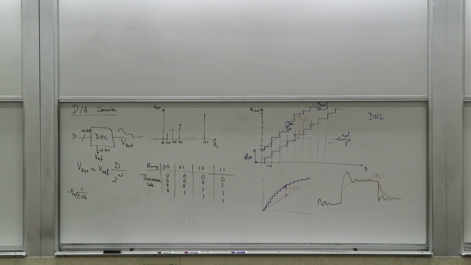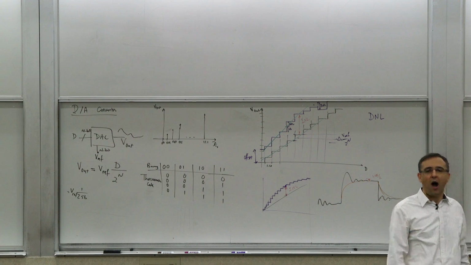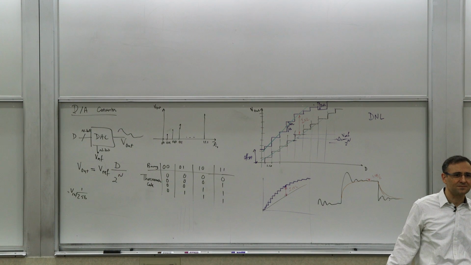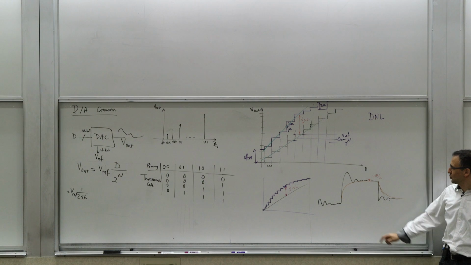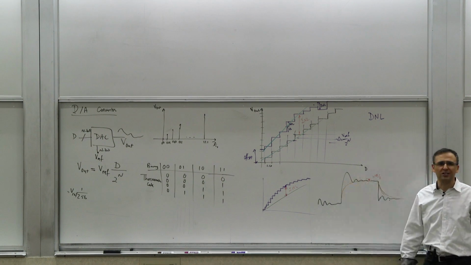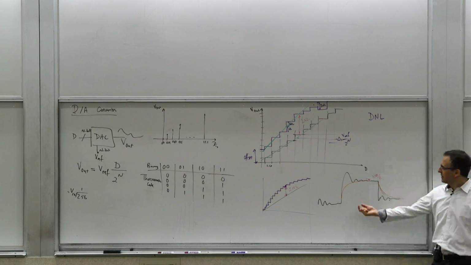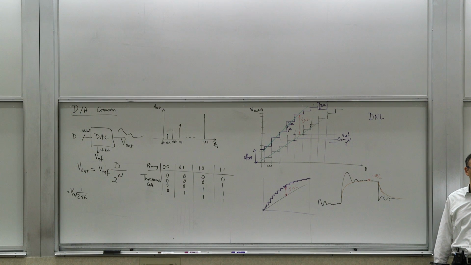And the settling time to LSB over 2 really determines what your real speed is, because you may say, I've made this great 16-bit D2A, and it's really fast because rise time is really fast, right? And you can say, well, it does this in like 10 nanoseconds. So it's a 100 megasample per second D2A.